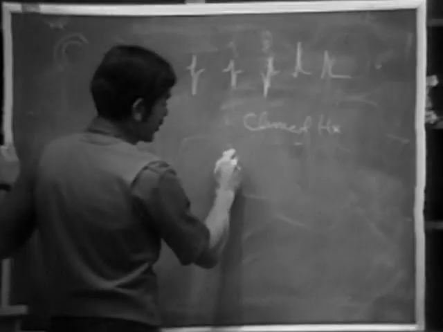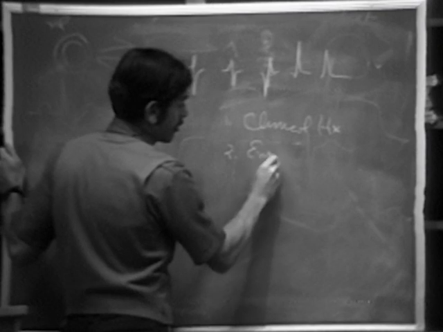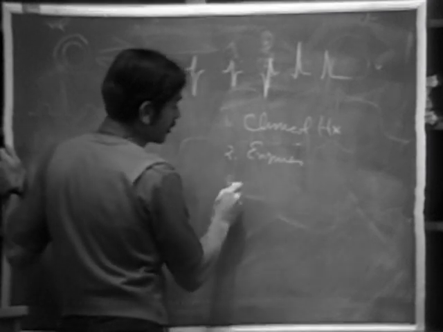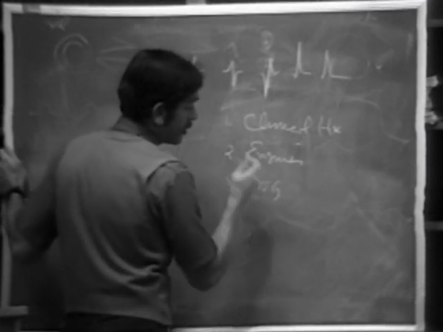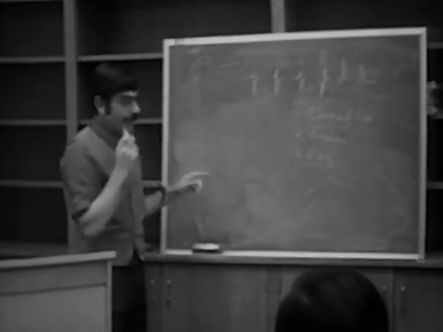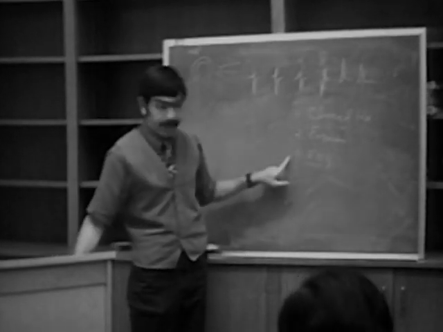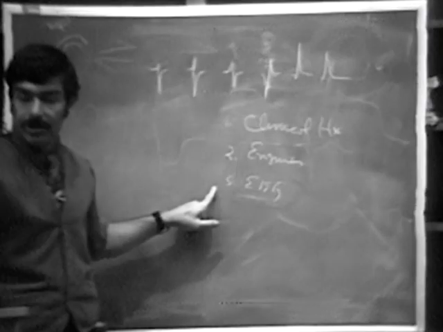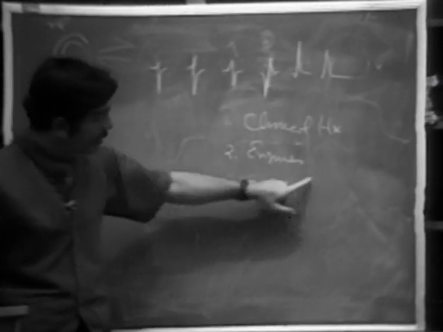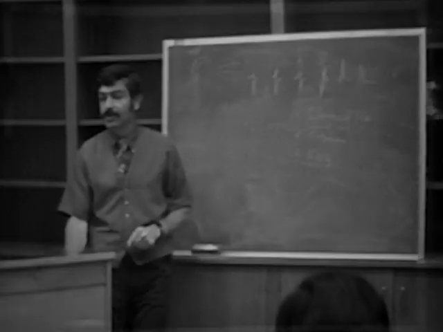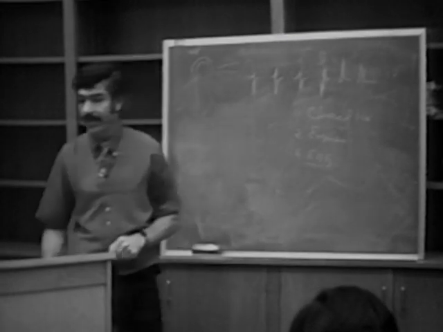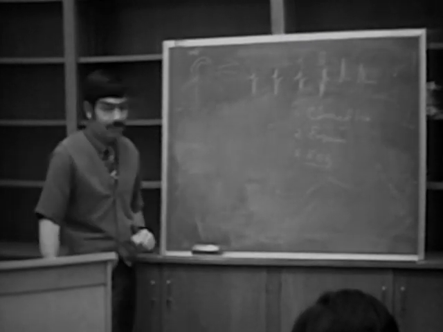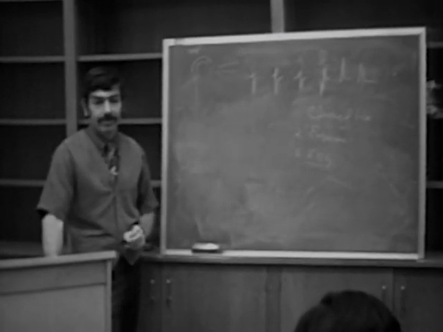A second criterion is your enzymes, and your third criterion is your EKG. In transmural infarctions, you can rely heavily on the EKG to make the diagnosis. In non-transmural infarctions, you have to rely more heavily on these other two, right? Unfortunately, that's the way it is. The EKG does not help you as nicely as it does with the transmural infarction.